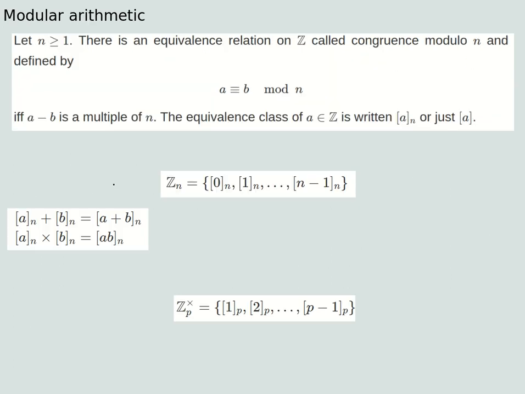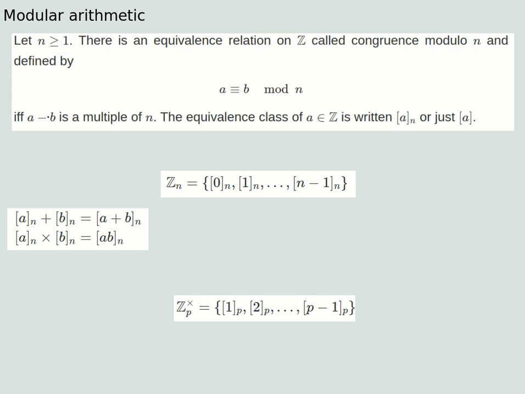All right, let's move on now to another very important family of examples of groups, which is groups which arise out of our explorations of modular arithmetic. So again, I'm going to recall something which we studied when we were discussing equivalence relations at the start of this course.